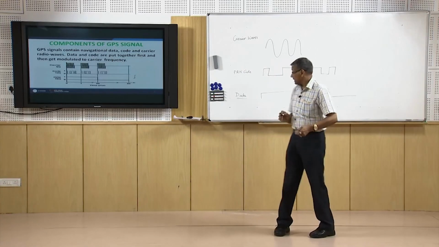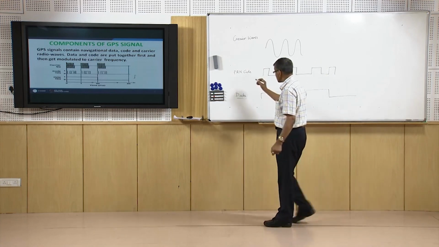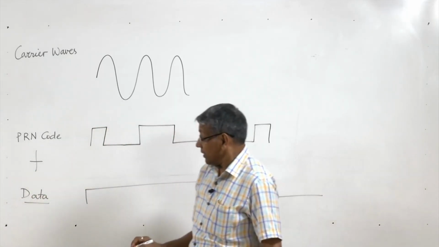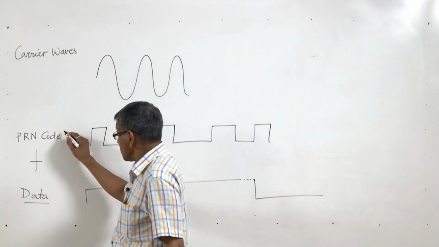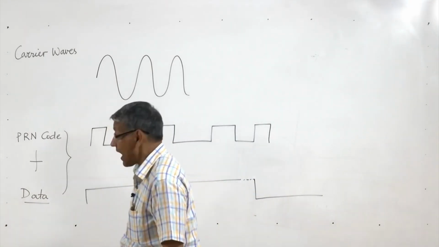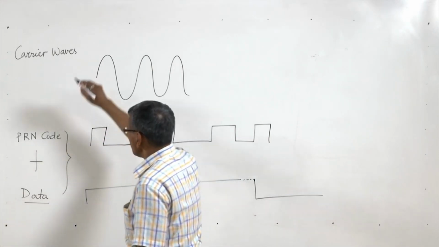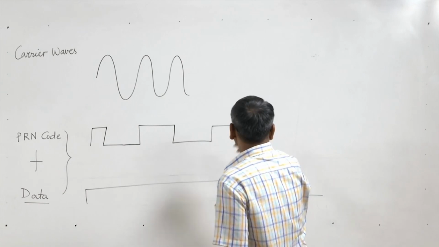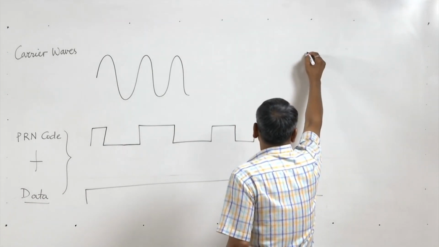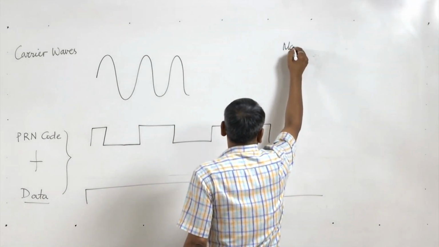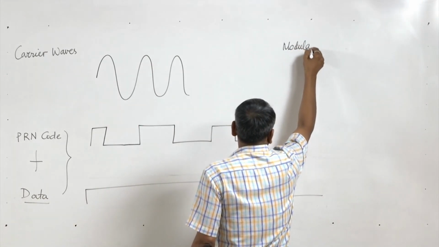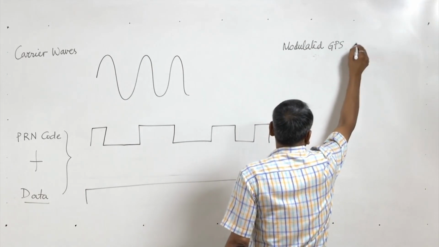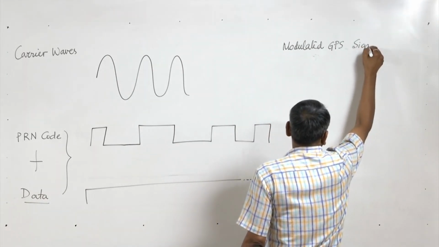Now what is done: first this PRN code and data get added through modulo-2 addition, and then these two get modulated onto the carrier wave. As a result, we get the modulated GPS signal.